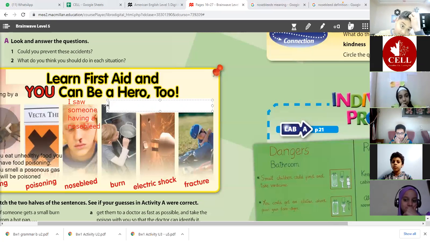Boiling oil or hot oil? You don't say boiling oil, because oil doesn't boil. When the oil reaches a very high temperature, it starts smoking. Water boils.